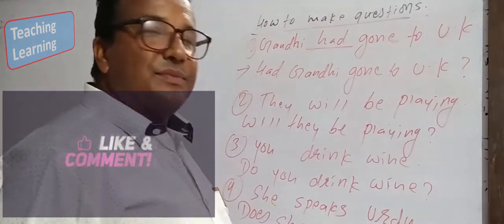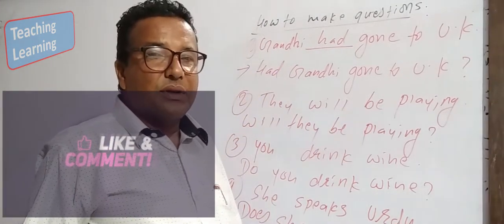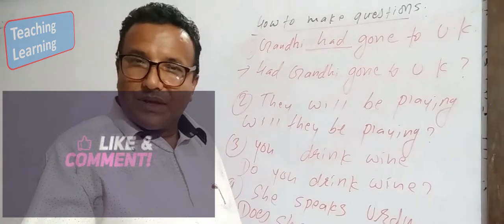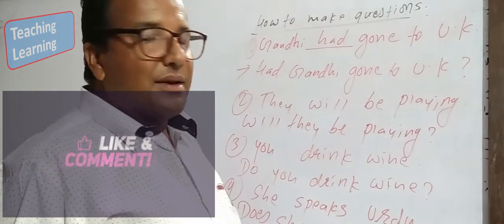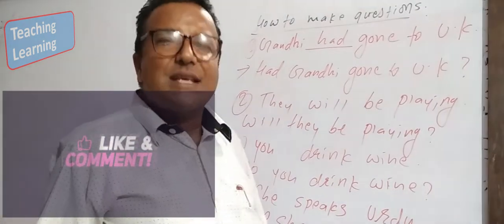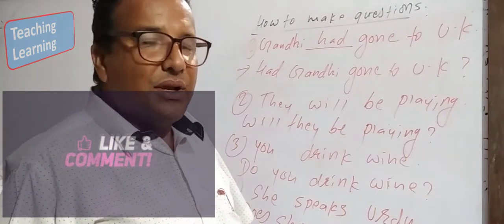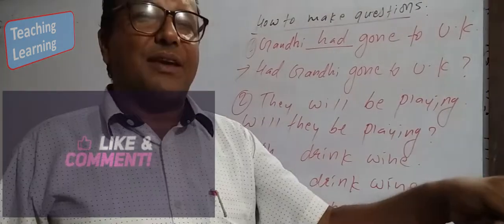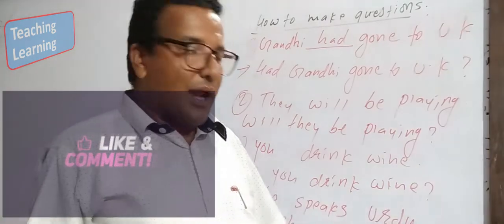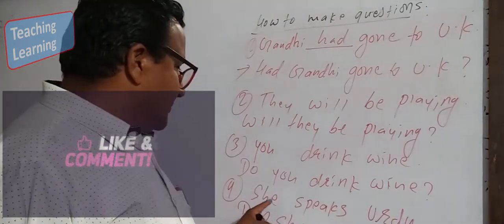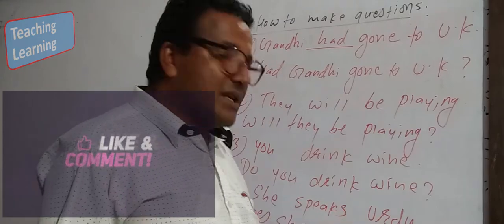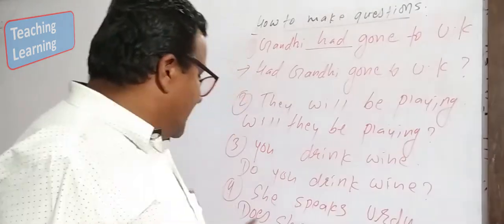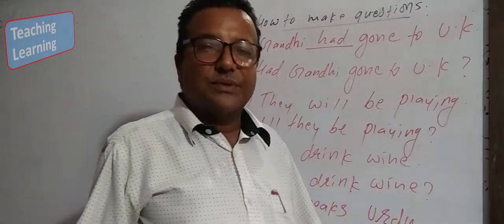Does she speak Urdu? If she speaks, then we have to give the answer. Yes, she speaks Urdu. In the negative answer: no, she doesn't speak Urdu. For this positive sentence, we have to make the question: Does she speak Urdu? That's one.